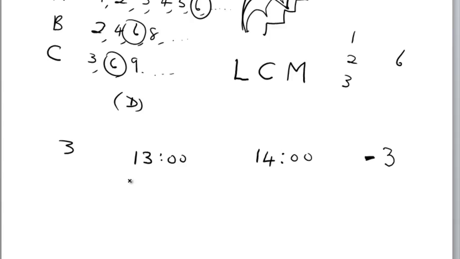Okay, so if we went from 1 o'clock to say 3 o'clock, it would now lose 6 minutes. So it wouldn't really be 3 o'clock, it would be 3 o'clock minus the 6 minutes. Okay, because every hour it loses 3 minutes.